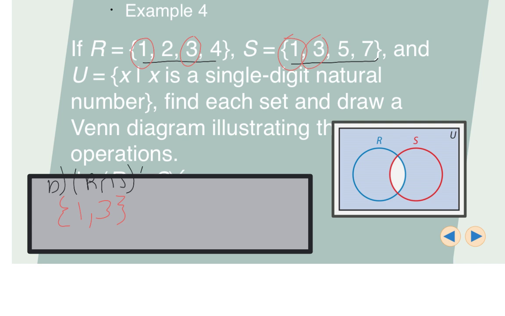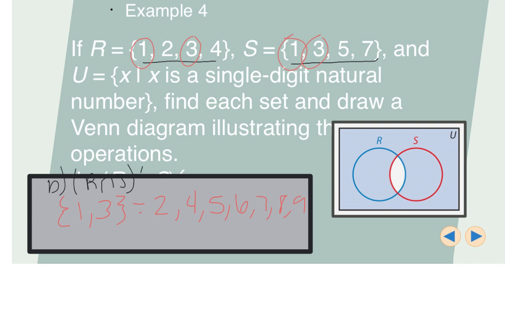But it doesn't want the intersection. It wants the complement of the intersection. It wants all the numbers that's not 1 and 3, which is 2, 4, 5, 6, 7, 8, and 9.